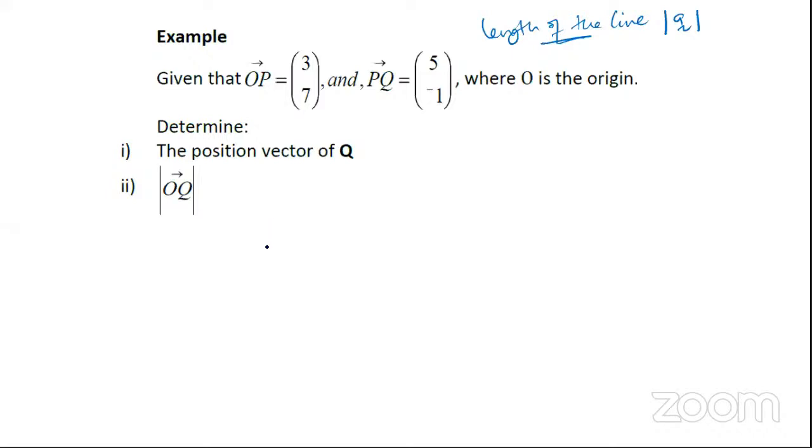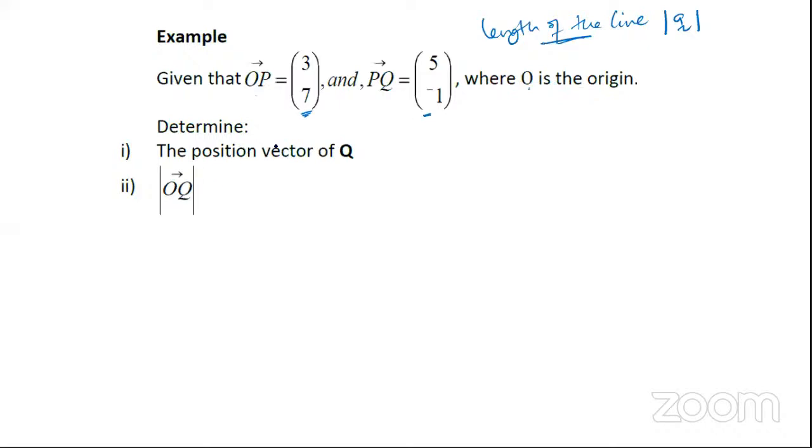We have a problem here to solve. Given vector OP is this, and PQ is this, where O is the original what? Original point. O is the origin.